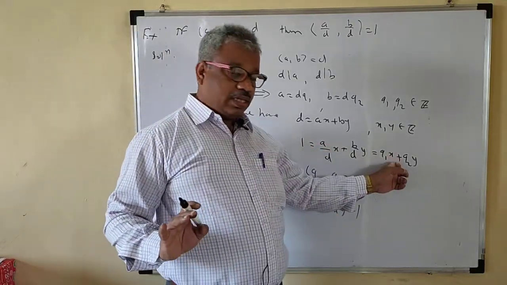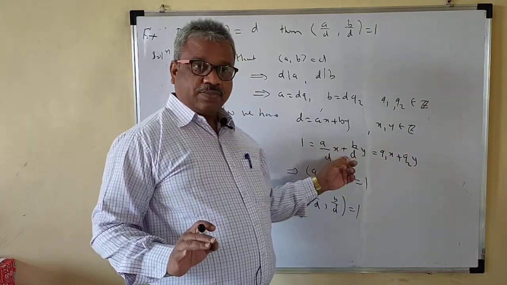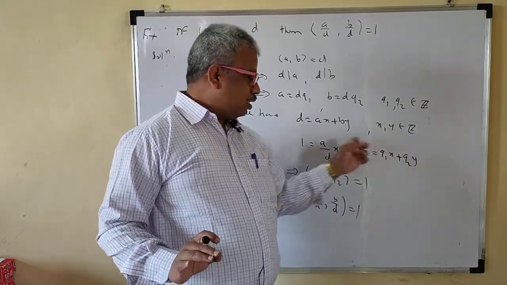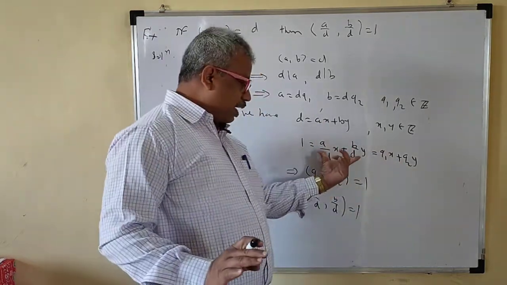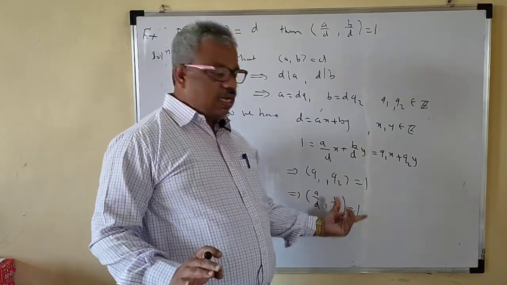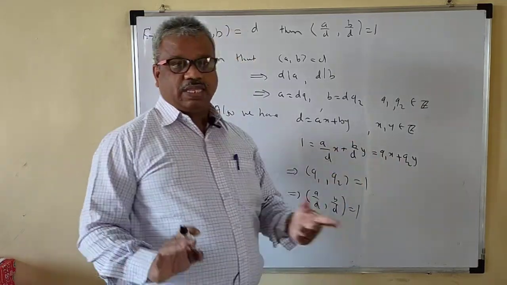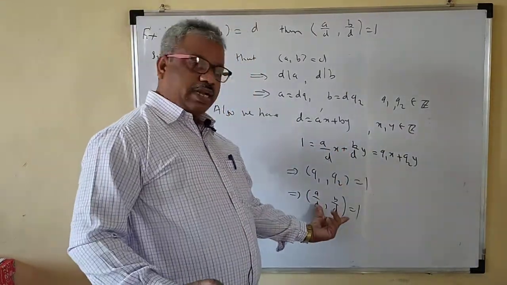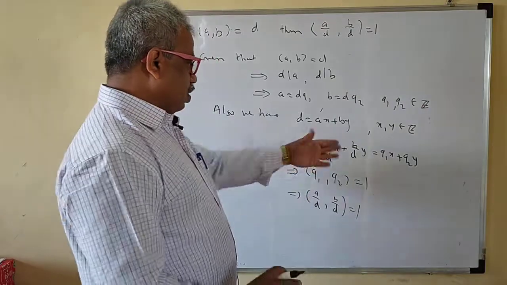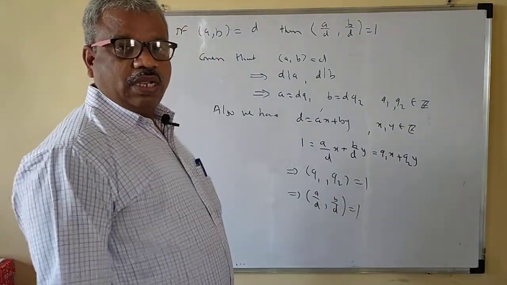So why have I written this Q1 and Q2? Because I want to show that A upon D is an integer. Actually, directly from this you could write it, but you cannot, because the division of any two integers is not necessarily an integer.